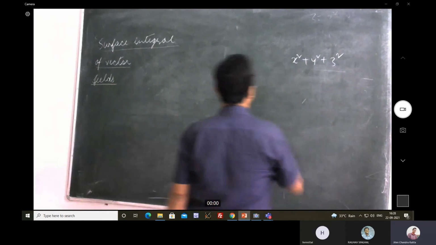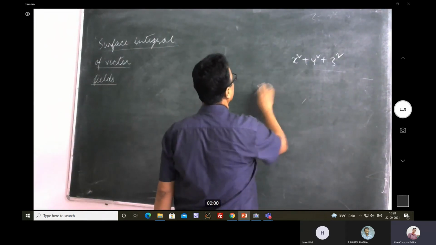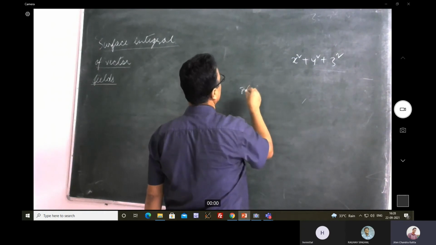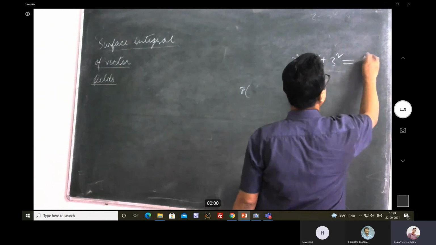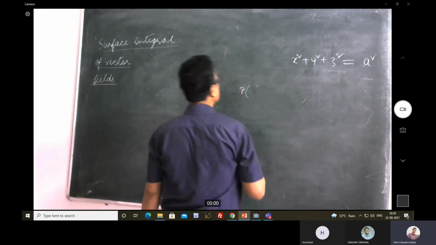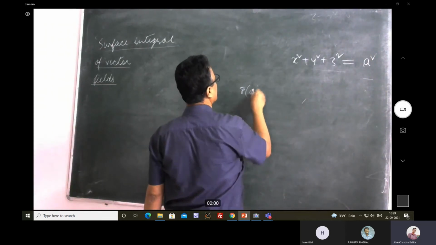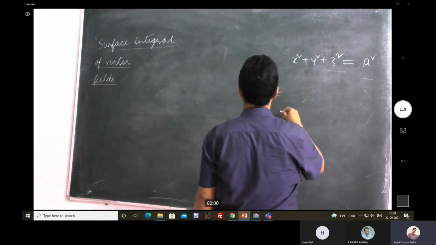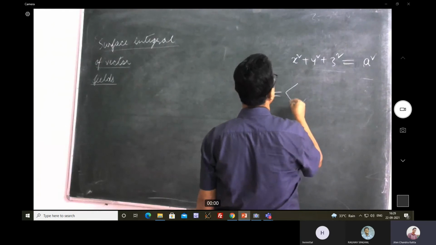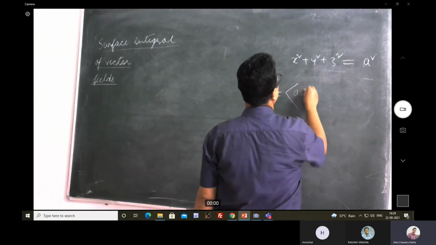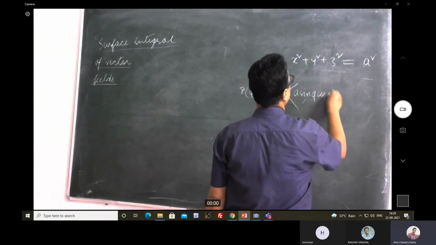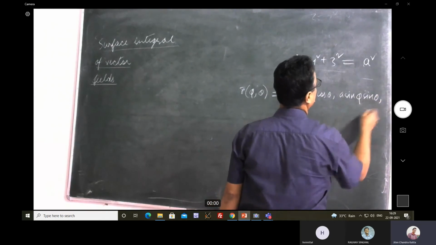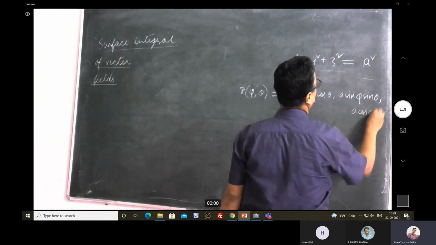If you write any point on the sphere, with x squared plus y squared plus z squared equal to a squared, in terms of phi and theta, it is going to be a sine phi cos theta, a sine phi sine theta, and a cos phi.